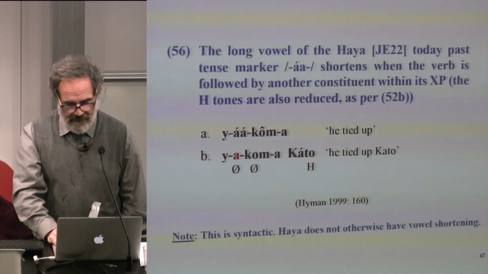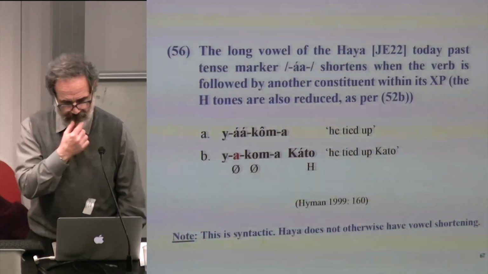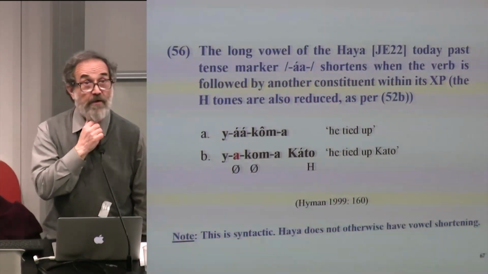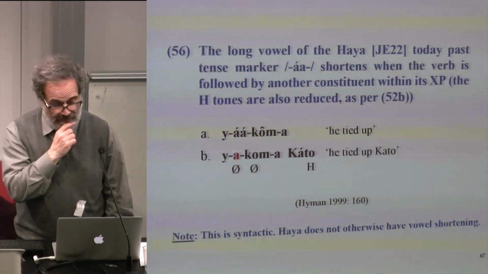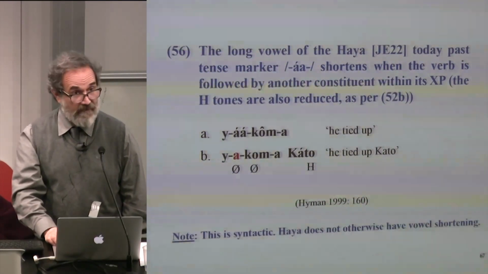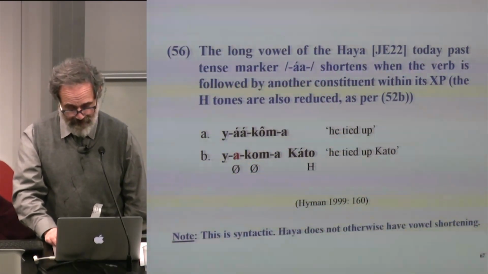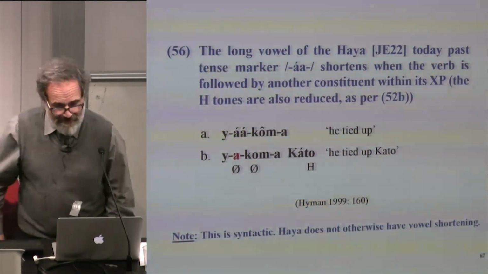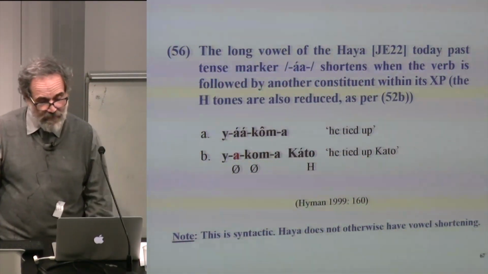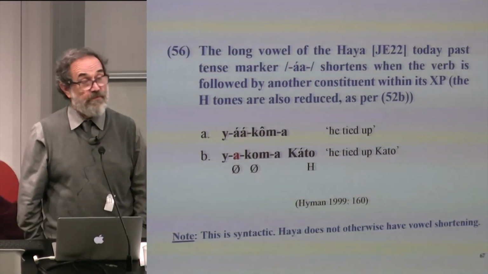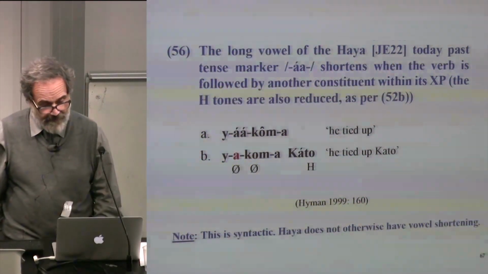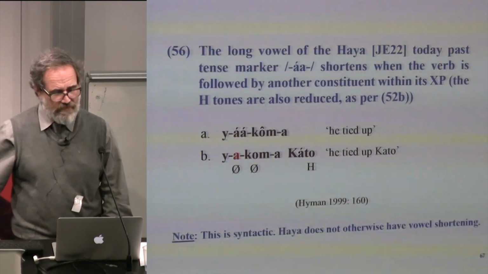The long vowel of the Haya today past tense, here's the syntactic function. Tense marker long a, which I just received an article today from Janneke van der Waal from Uganda on a related language, doing this very same thing, or something similar. Today past tense marker long a shortens when the verb is followed by another constituent within its XP. And the high tones are also reduced, which I showed you before.